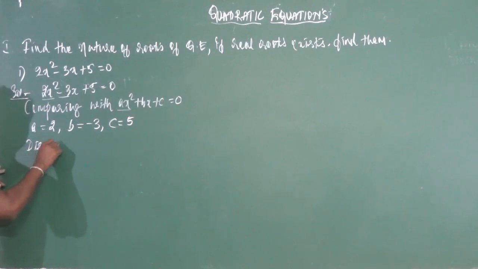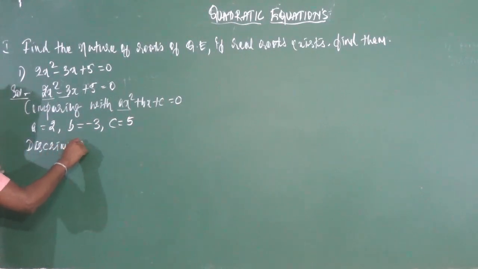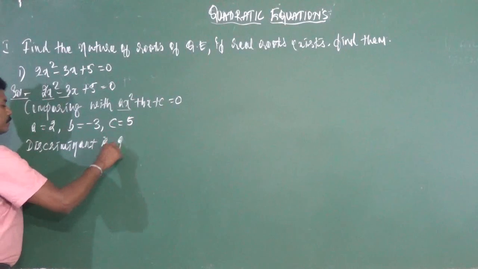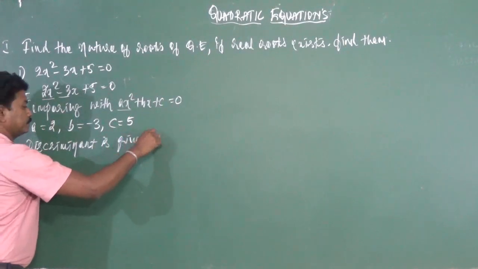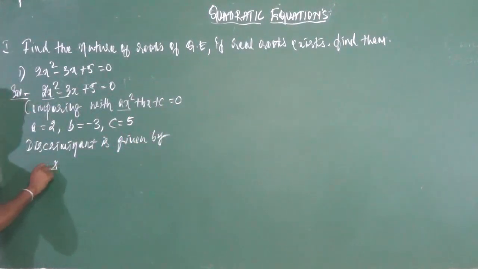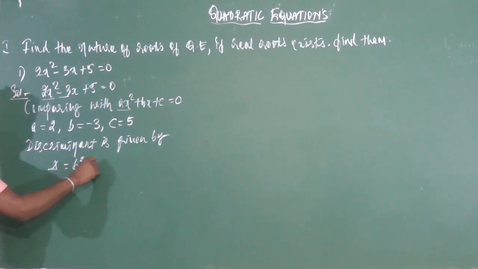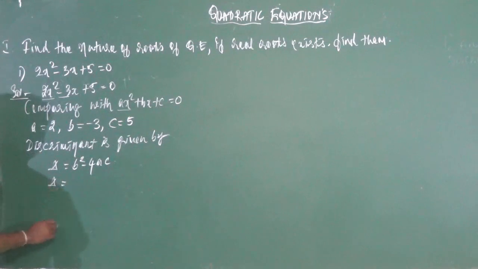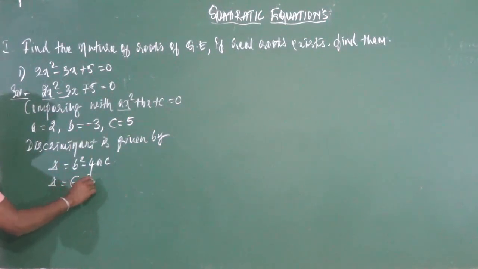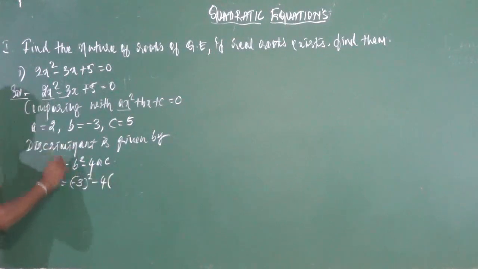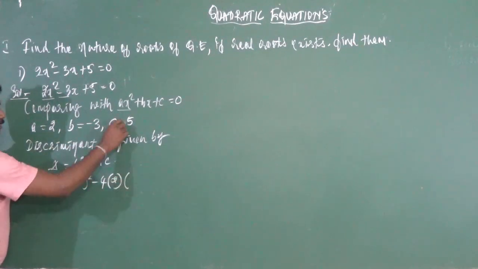So discriminant is given by delta is equal to b square minus 4ac, right? So delta is equal to b square, that is minus 3 whole square, minus 4 into a, which is 2, into c, which is 5.